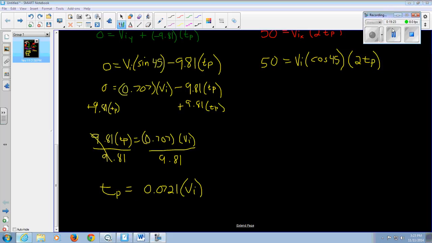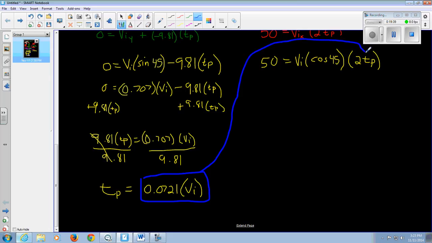So I take that information and I plug it in for TP. So I'm going to take all of this stuff that's here, and I can plug that in for time to peak.